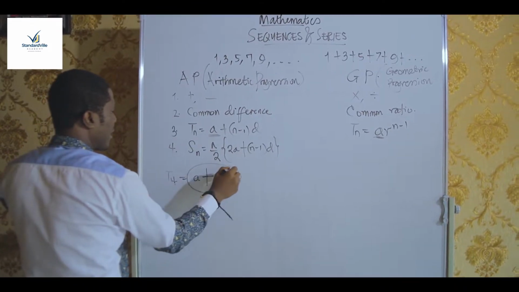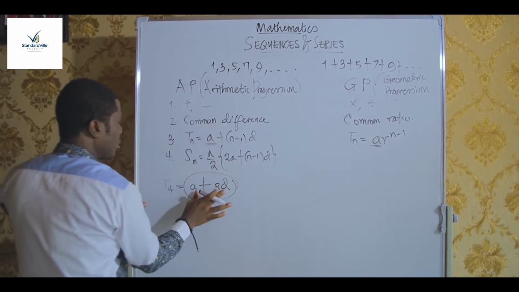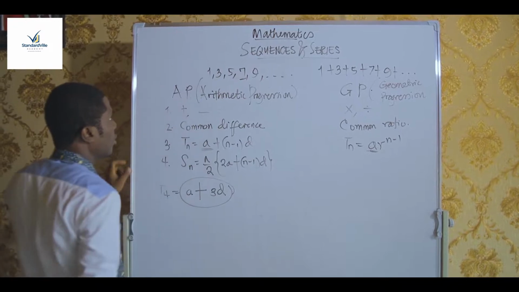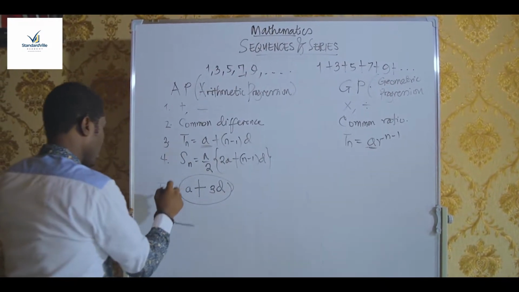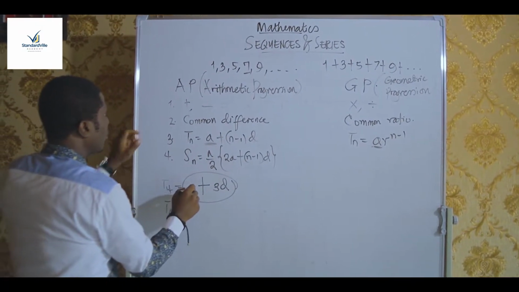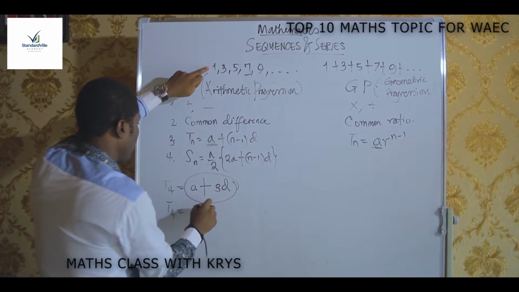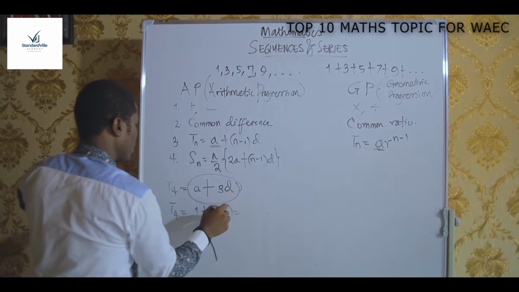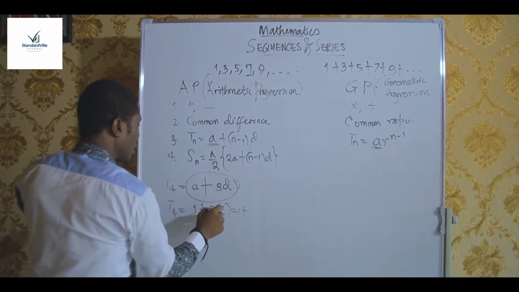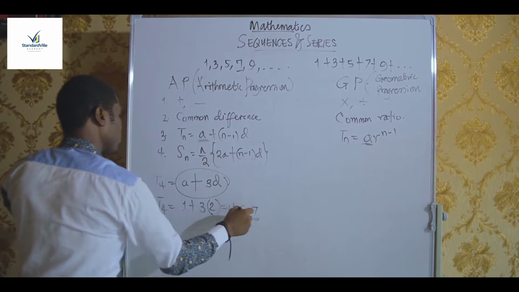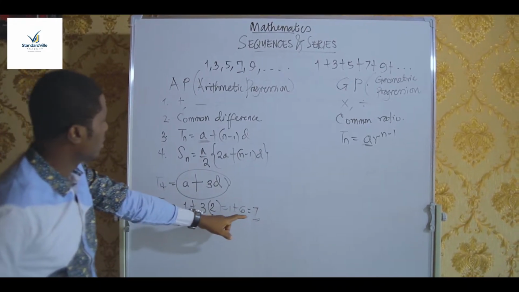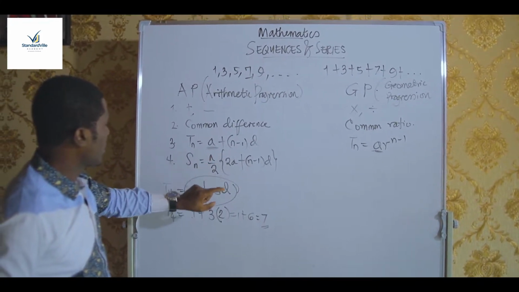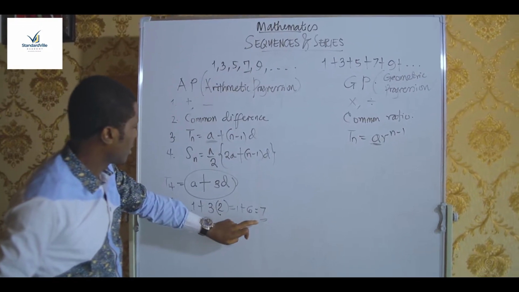If I use this to solve, I will get 7, because the fourth term is 7. Let's try it. T4 is 1, the first term, plus 3 times the difference, which is 2. 1 plus 6 is 7. That's the same thing, 7.